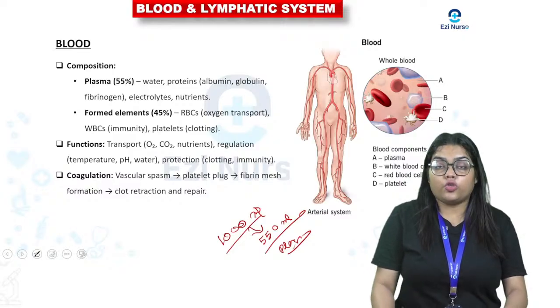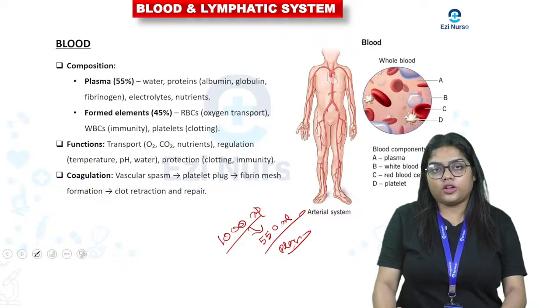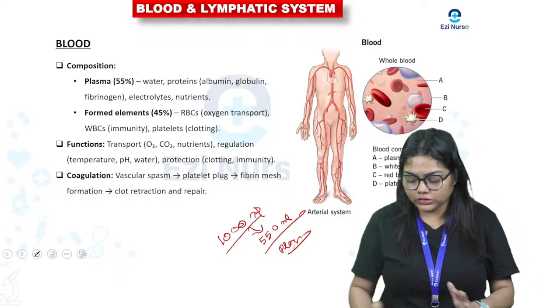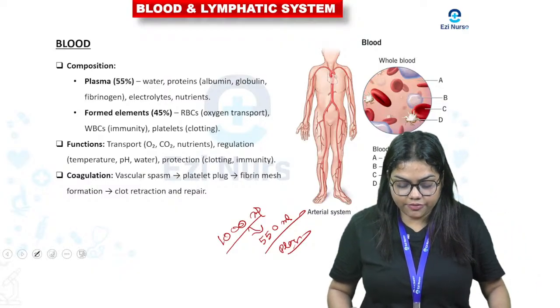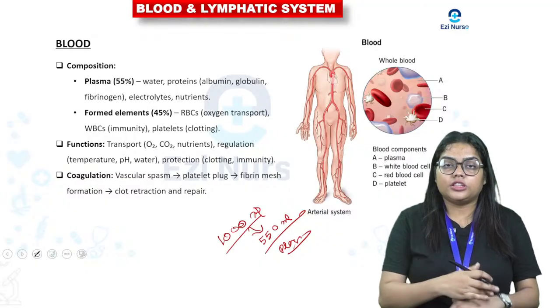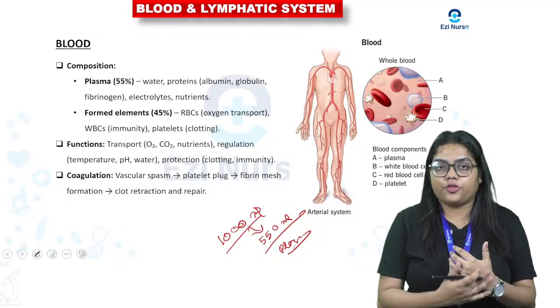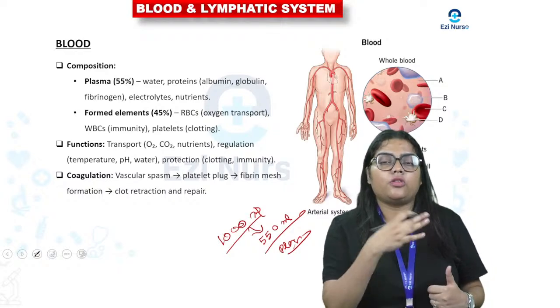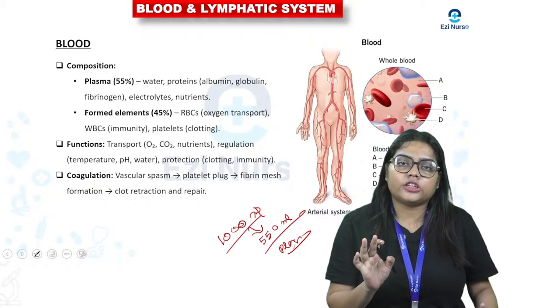It also includes the coagulation process. So now what is coagulation? If somewhere in our arm there is a cut and blood is flowing, and if the coagulation process is not there, all of our blood will flush out, right?